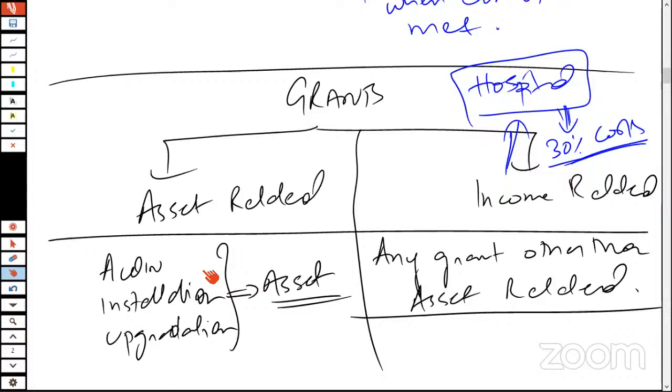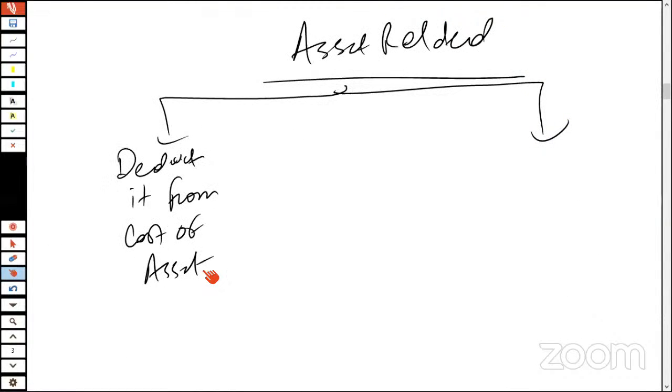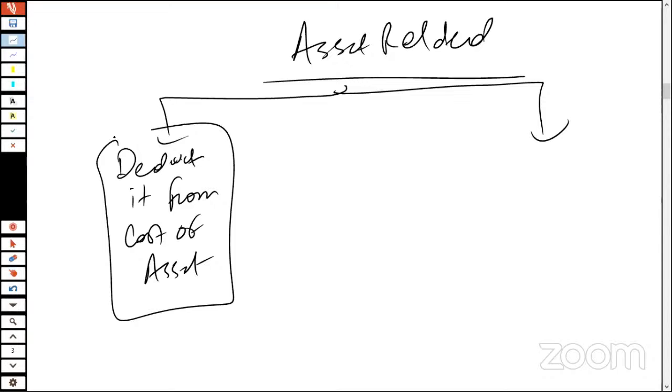How would you treat the asset related grant? As per the IFRS, there are two treatments of the asset related grant. One of them is it's either deducted from the cost of asset or it's actually recognized as income.